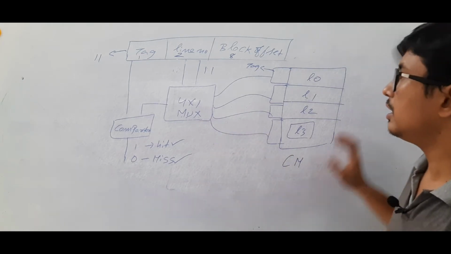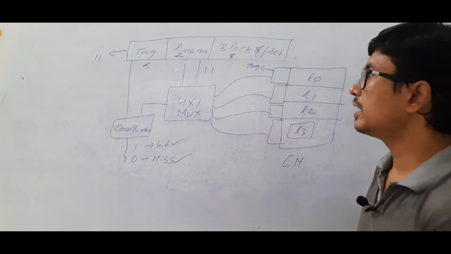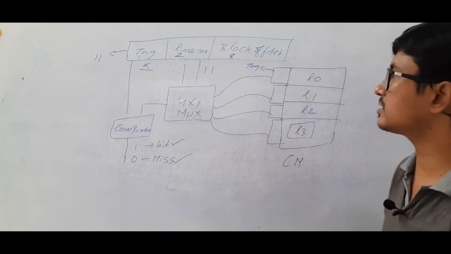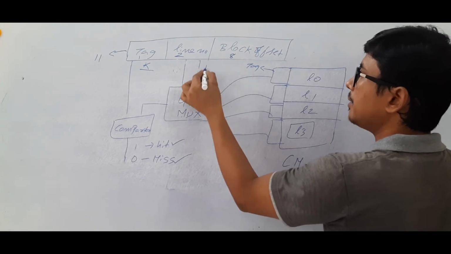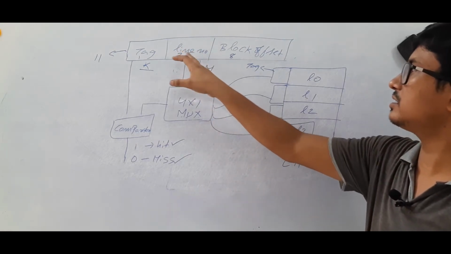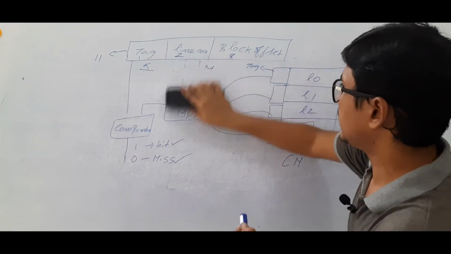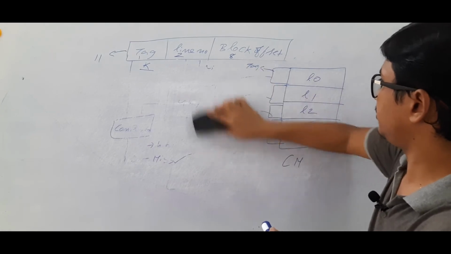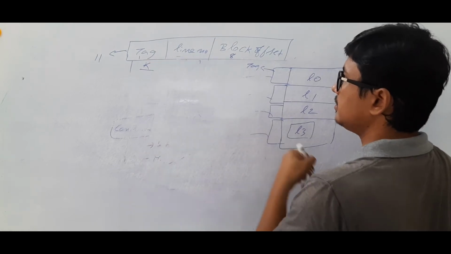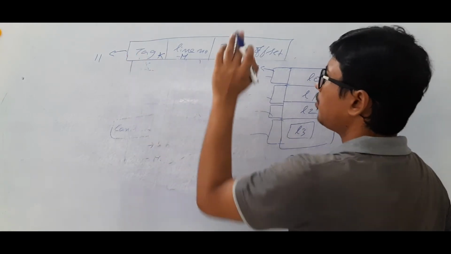Now, this is for generalization. Let's take an example where you have k tag bits and m bits for the line number, and block size can be anything.